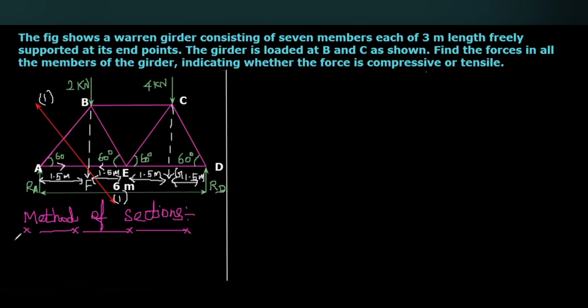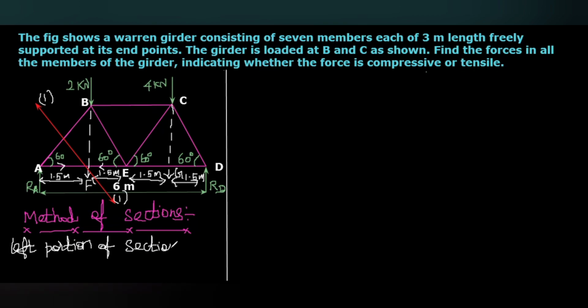So the left portion of section line 1-1, that I am going to consider. And then I'm going to take moment about other points. First, I'm going to calculate the algebraic sum of the moment about the point E and equate to 0.